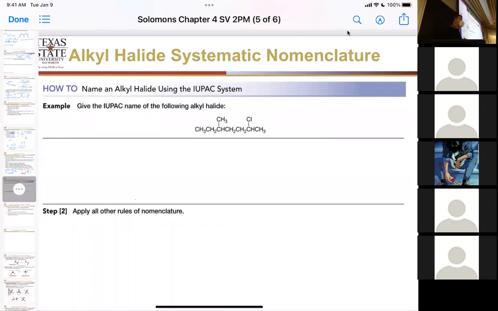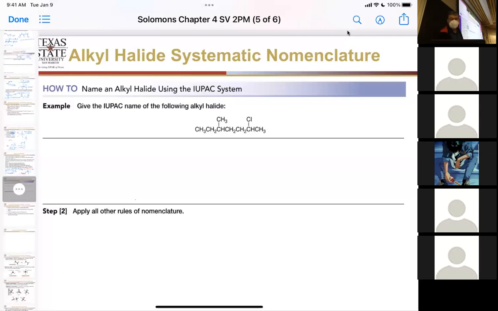Chloride is not special. It's always a substituent. Things that are always substituents are halogens, nitro groups, ethers, and phenyl rings, unless it has a special name. And so these are always just substituents, and you would just lowest number your substituents.